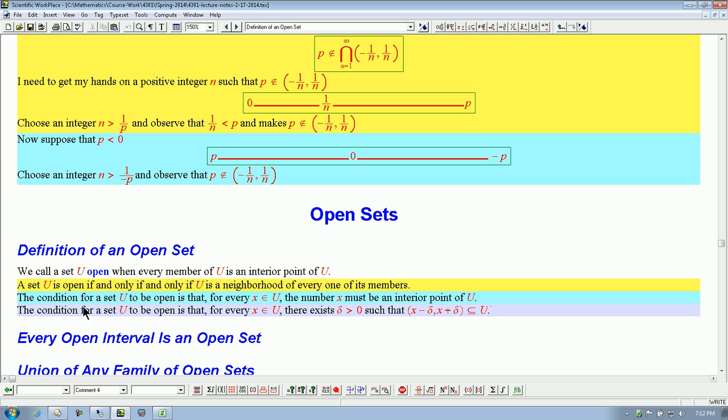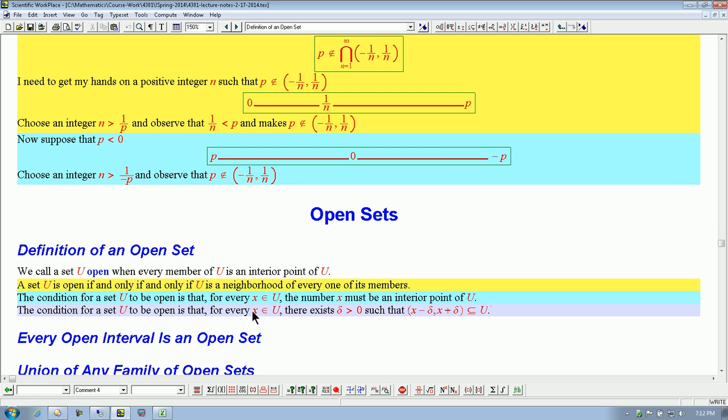The condition for U to be open says that for every x in U there exists delta greater than 0 such that this interval is a subset of U. You have to be so careful how you write this sentence. For every x in U, once you have made a commitment about which member x of U you are talking about, for that x there exists a delta greater than 0 such that this interval is a subset of U.